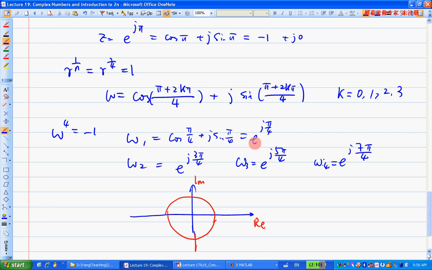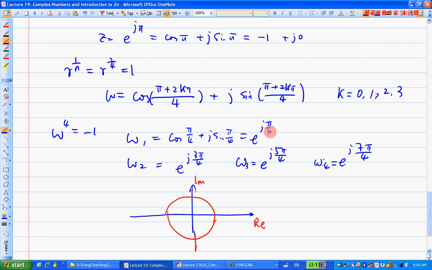When people say e to the power j pi over 4, you're basically thinking this is a point on a unit circle. Why a unit circle? Because the r here equals 1.